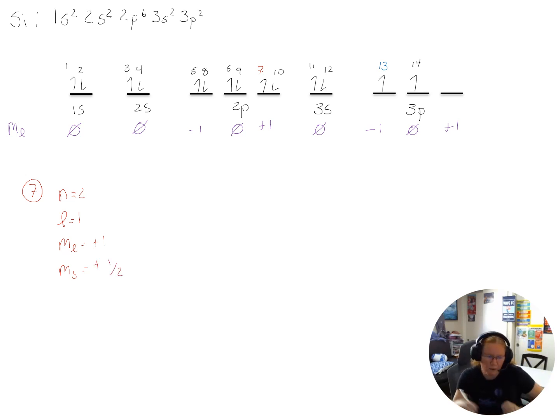Now, think about what we just did for fluorine. Is this the same set of quantum numbers that electron number 7 in fluorine has? It should be, because we fill in the same order. It doesn't matter where you're at on the periodic table, electron 7 is always going to have the exact same set of quantum numbers. We do start getting into some exceptions to the filling rule when we get up to chromium, but chromium is atomic number 24.